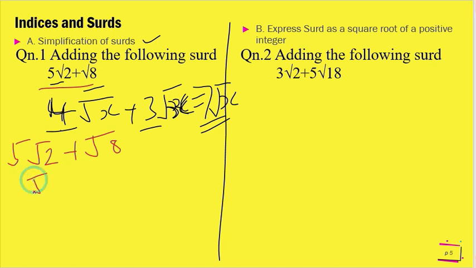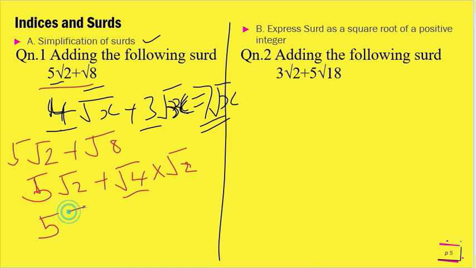Root 8 can be written as root 4 multiplied by root 2. Now it's getting simpler because root 4 is a perfect square, so root 4 is just 2. So we get 5 root 2 plus 2 root 2.